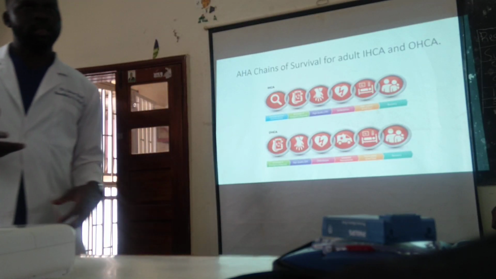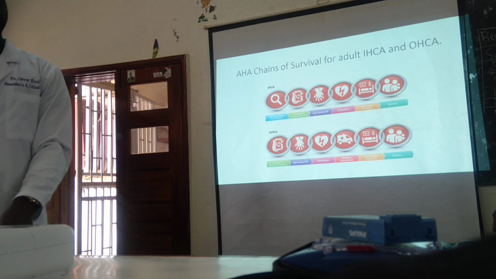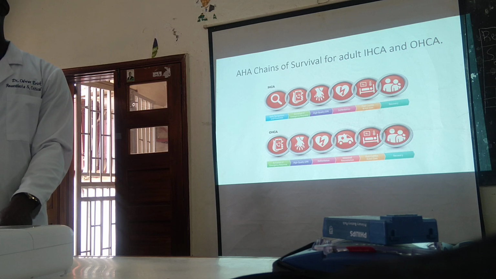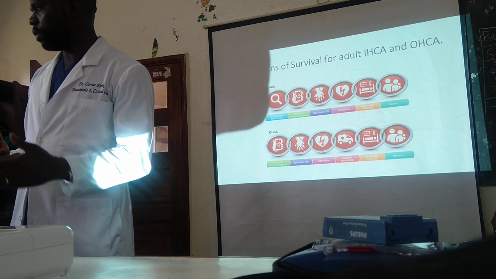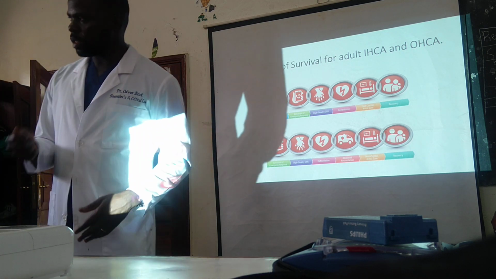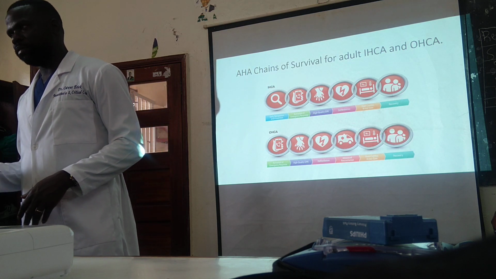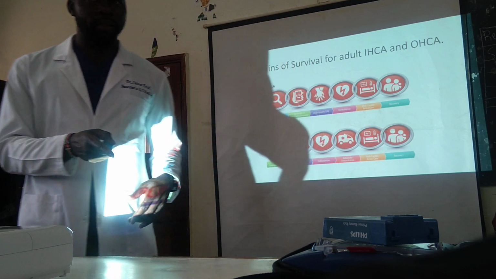I can start by saying, since we are in 4th year, 4th year 1, 4th year 2, 4th year 3, 4th year 4, 4th year 5, 4th year 6, 1 rescue breath. Then I go back 4th year 1, 4th year 2, up to 4th year 6, another rescue breath. But the chest compression is what? Constant. It's not being stopped because you already have an advanced airway in place.